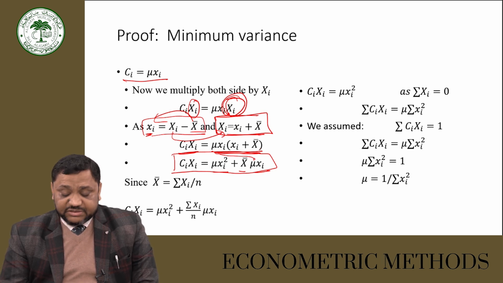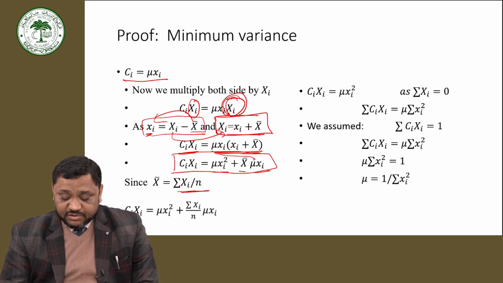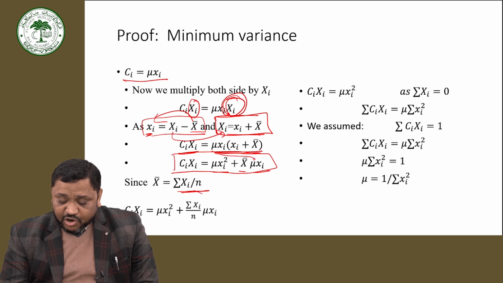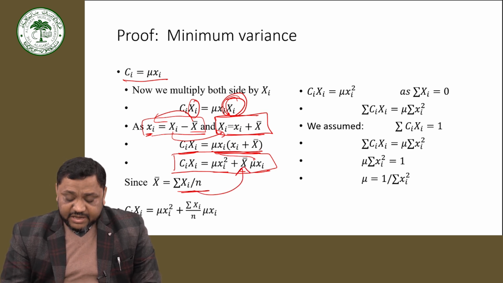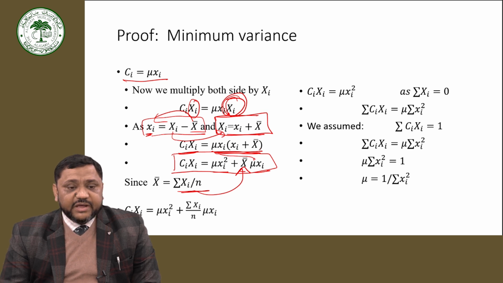Again, x bar is nothing but summation X by n, so that thing we incorporate over here. So summation ci Xi is equal to mu summation small xi square plus summation capital Xi divided by n multiplied by mu summation xi.